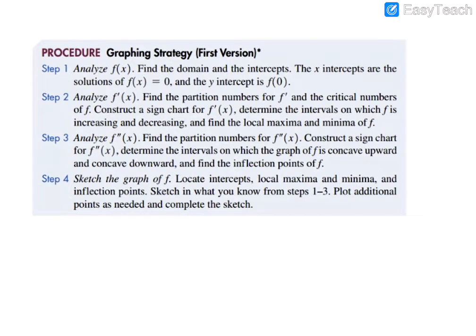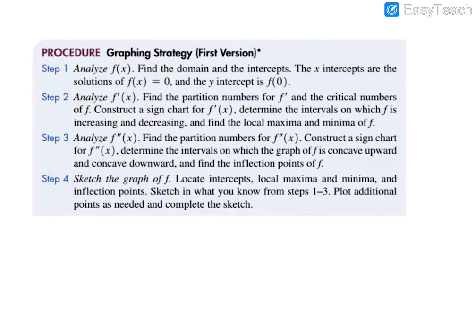Actually, in section 4.1, we learned the first derivative and its geometrical meaning. According to the sign of the first derivative, we can decide when the graph of the function f of x is increasing or decreasing. In the first part of this section 4.2, we learned that if the second derivative of f is positive, f is concave upward.